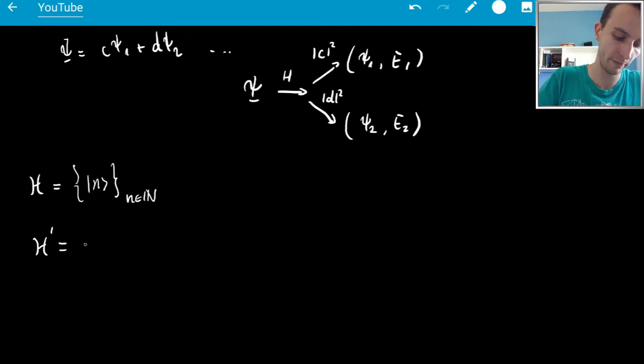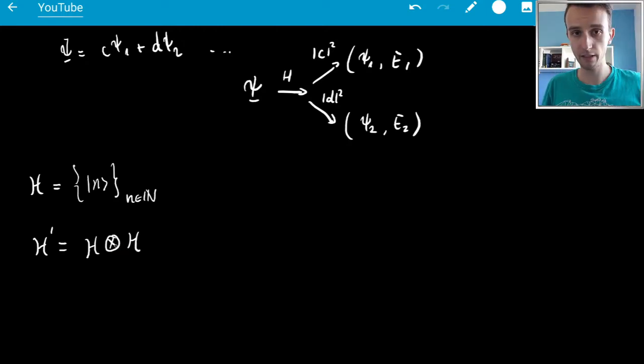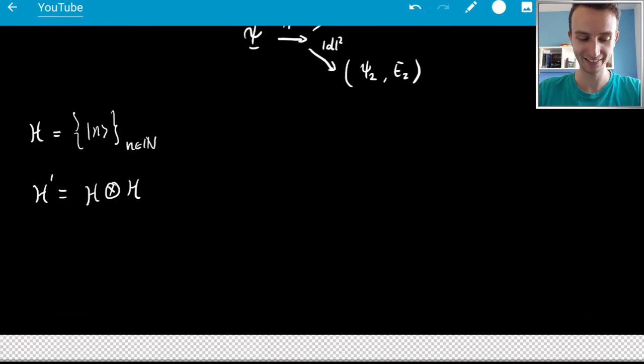So H prime will be H tensor H. And the way this tensor works is basically makes a product of your two spaces. Now both of these spaces are infinite, then you make an infinite product. It's also infinite, but if this guy's size was n, so if it were finite, then this guy's size would be n squared. Okay, so it's bigger in some sense.